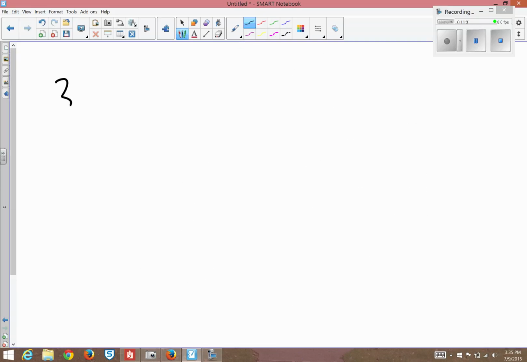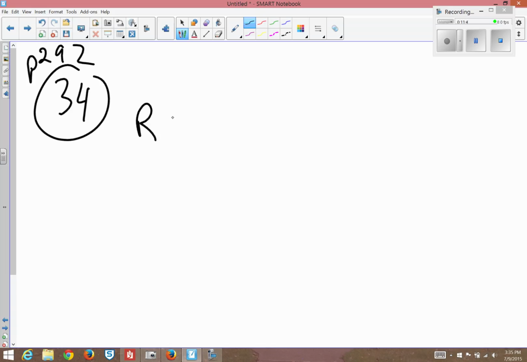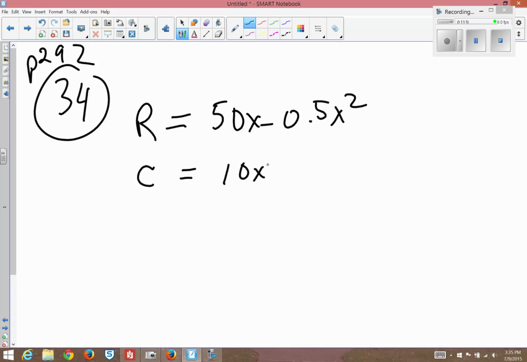Exercise 34 on the same page, 292, says r, which is a function of x, equals 50x minus 0.5x squared. And c, which is also a function of x, equals 10x plus 3. It does not give the profit function.